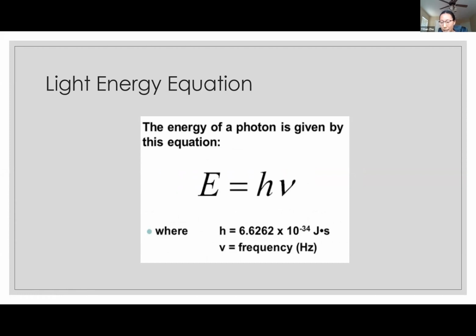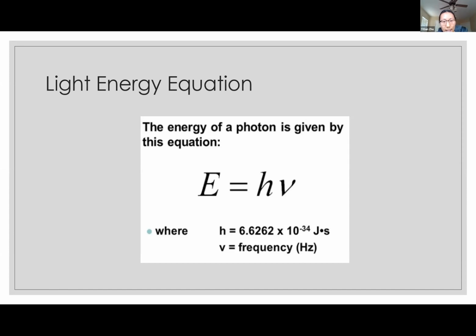And this equation is really important because it relates the wave and particle properties. In the previous slides, we were talking about the wave properties of light, the frequency and the wavelength. Now we're taking those wave properties and putting them into a particle representation, because it talks about how much energy is in that little particle.